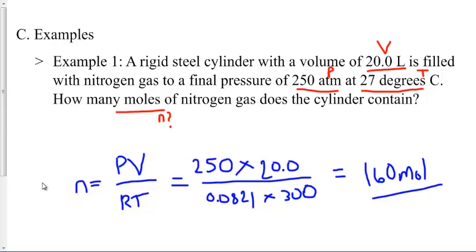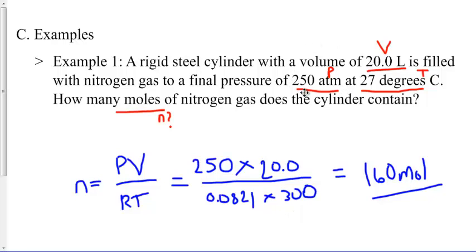When you plug those in, you've got 250 times 20.0 over the 0.0821 constant times 300. Of course, I did 27 plus 273 to get that 300. And when I divide that out, that's equal to 160 moles if I use my two significant figures, because my lowest amount of sig figs is 2.